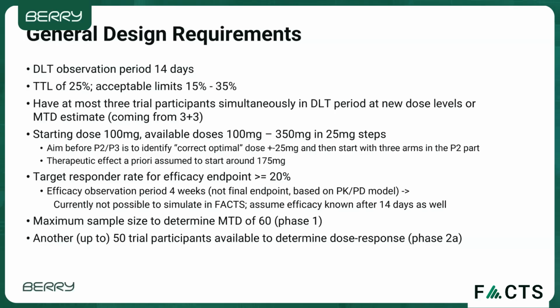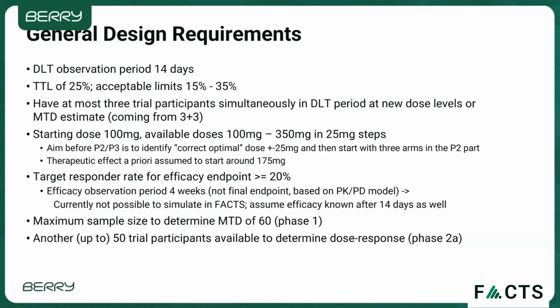The dose range we're going to investigate goes from 100 milligrams to 350 milligrams in 25 milligram steps. And one of the aims of this study, before the possible phase 2, phase 3 that they want to do after that, is to identify a correct optimal dose, again, whatever that means, but it should be in a range of plus minus 25 milligrams.